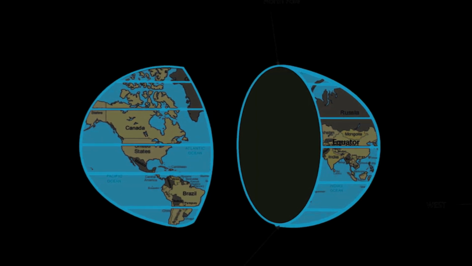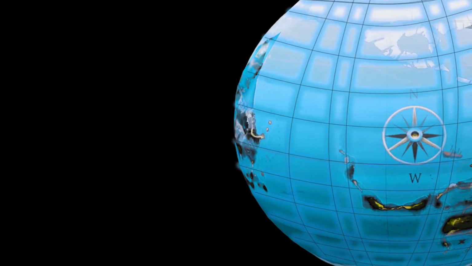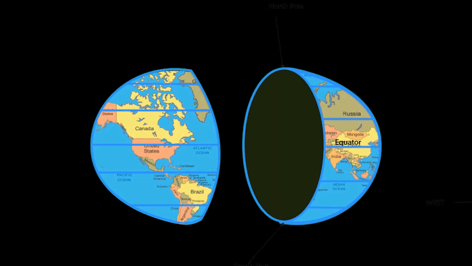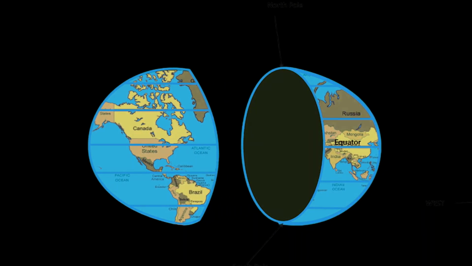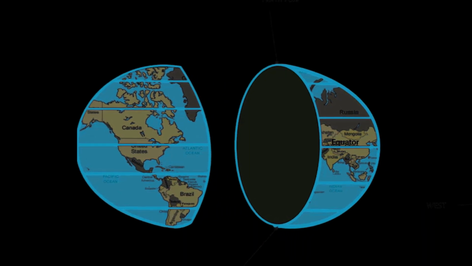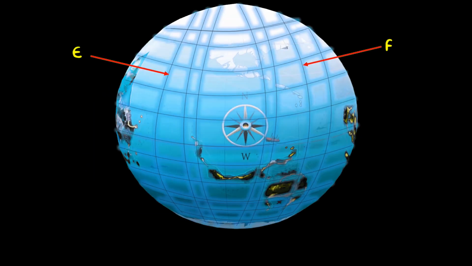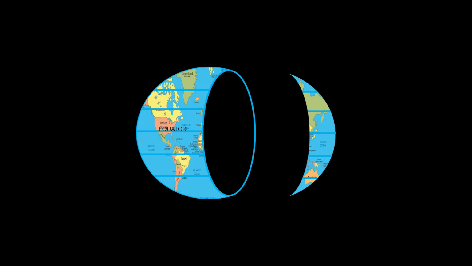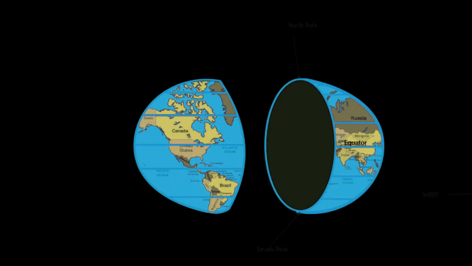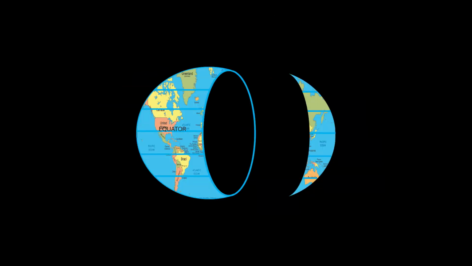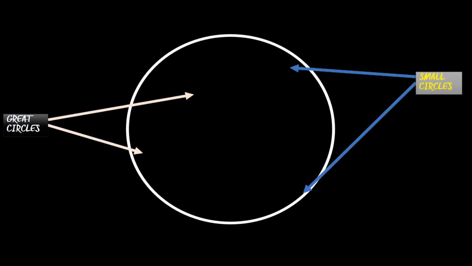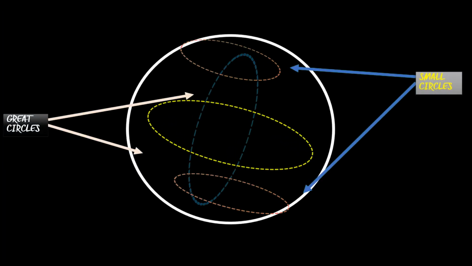Notice the size of the circular plane that is formed once we cut along longitude E. Now, if we once again cut along longitude F, what do you realize? The circular plane that is formed is similar in size and shape to the one formed along longitude E. We can conclude that all the circles that are formed on longitudes are great circles.